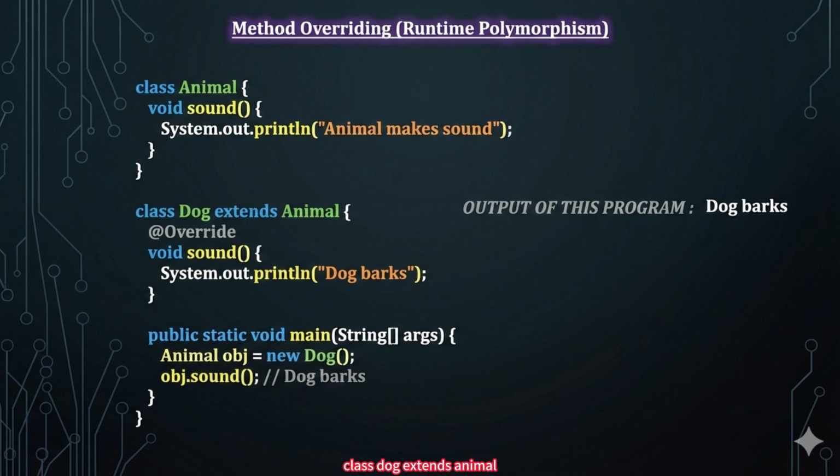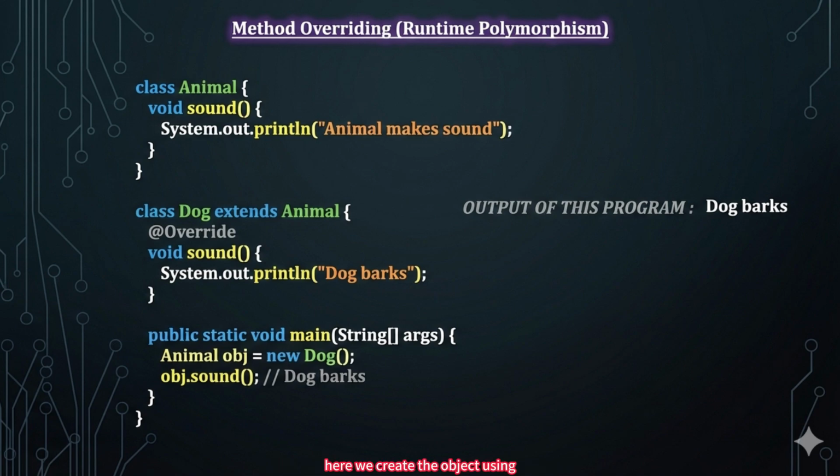Class dog extends animal. Inside the dog class, we create the same method. Void sound. The method name and parameters are the same, but the implementation is different. It prints dog barks.